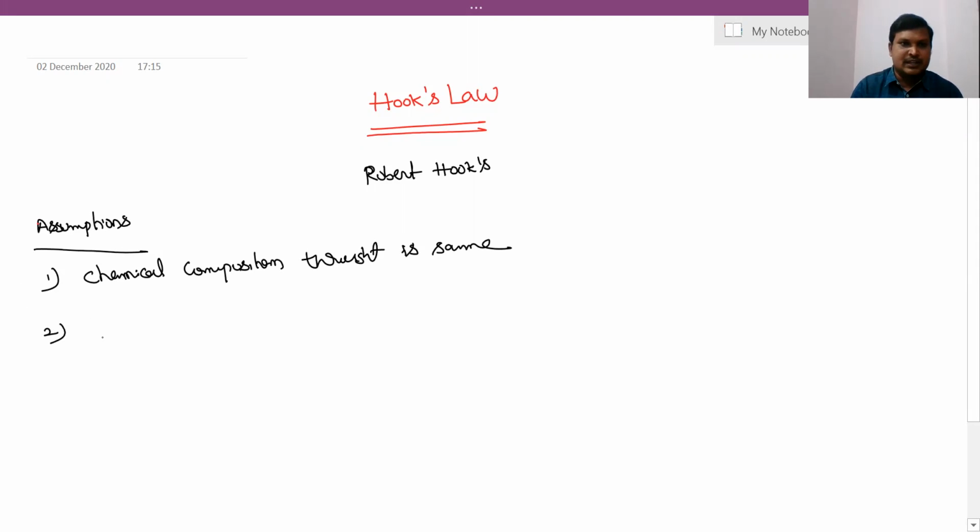And the second one is there is no temperature change while conducting the experiment.